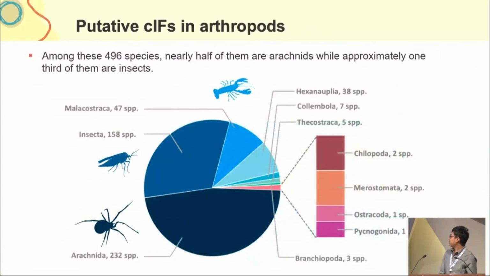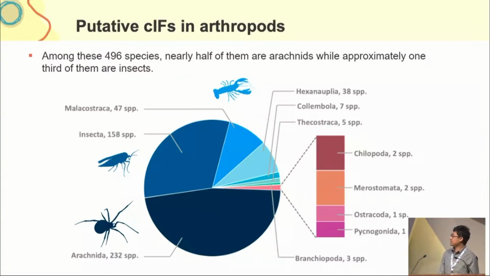From this pie chart, you will see that of the arthropod species that potentially have cIF, about half of them are arachnid, while about 1/3 of them are insect. But we also found a small number of species from different arthropod groups across the arthropod phylogeny.